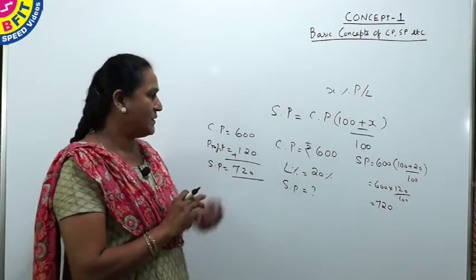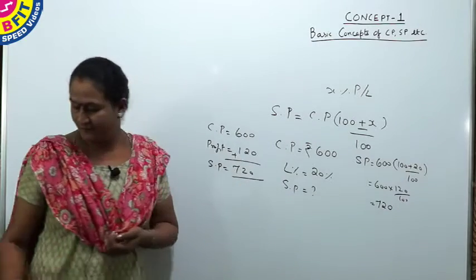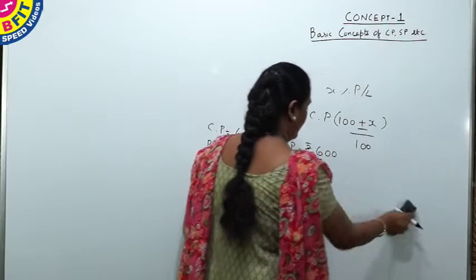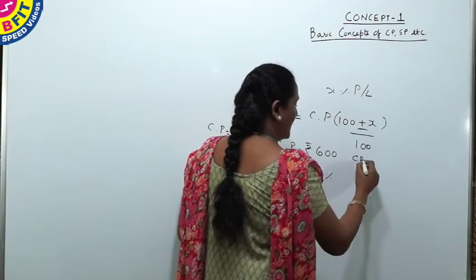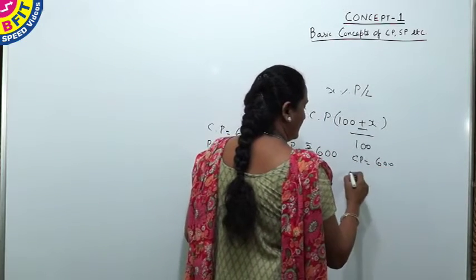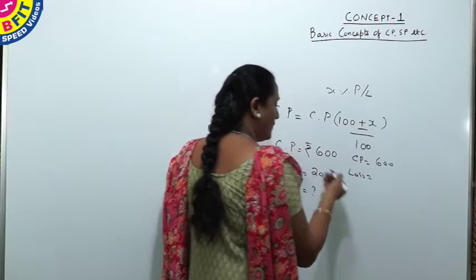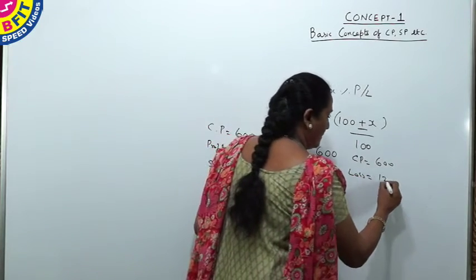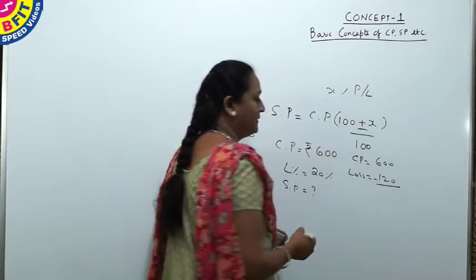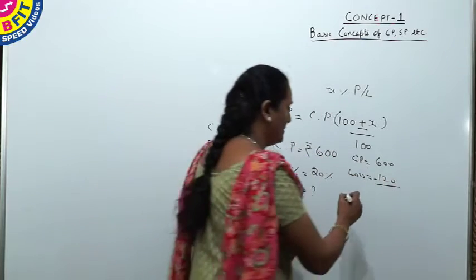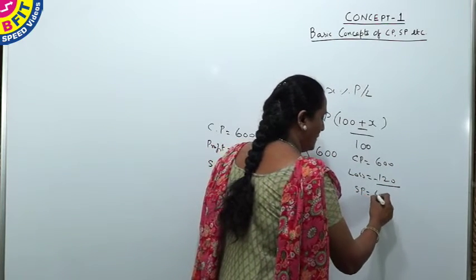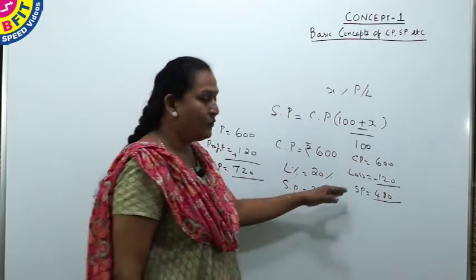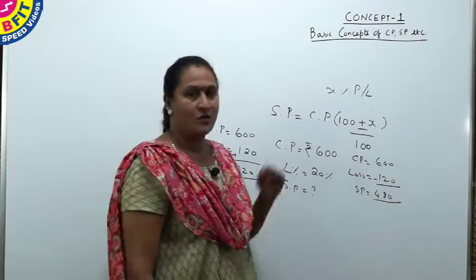So now when loss percent is given, with the cost price 600, the loss value, which is 20% of 600, the same 120, subtract, so you get the selling price equal to 480, which gives you 20% loss on this cost price 600.